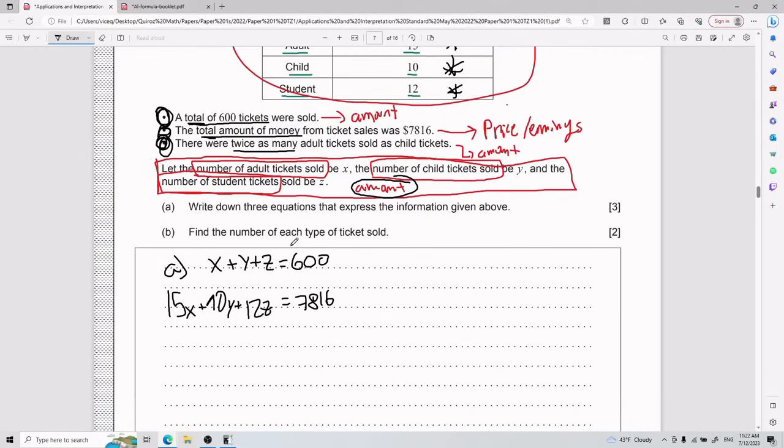So there were more adult tickets than child tickets sold. See? There are more adults. That means that I'm going to have x equals 2y. This is where the twice as many comes in. See? Twice as many is right on that too.